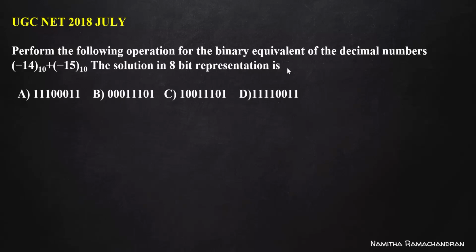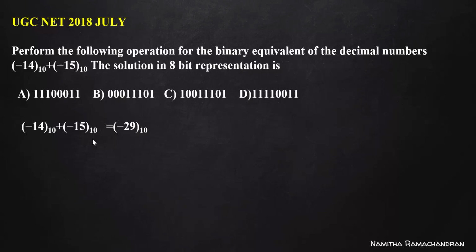We need to get the result of this addition in binary form and in 8-bit representation. So here our task is an addition over two decimal numbers -14 and -15, and we need the result in its 8-bit binary form. So we can perform the addition directly.